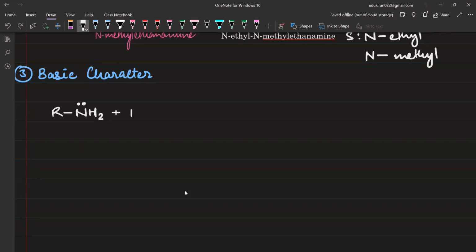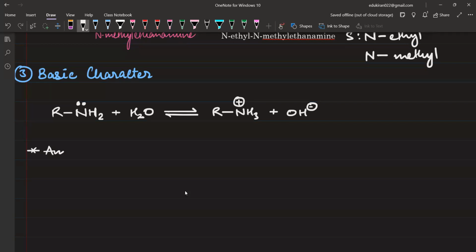When it reacts with water, it's going to give you R that has bond with nitrogen with a positive charge and three hydrogens. So basically, this lone pair of electrons attacks the H plus of water, and you get OH negative. So because it is abstracting the hydrogen atom, the concentration of OH negative is going to increase, and that is why we say amine is basic in nature.